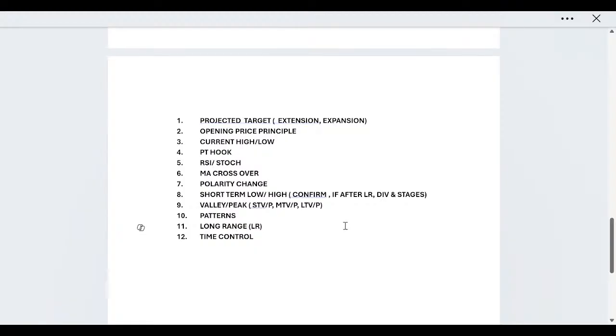Then time control. So you need to know what is opening price principle, current high low, PT hook, RSI, moving average, polarity change, all this you need to identify. And if you identify, then the more you learn, the more you apply, the more confidence you will have in your trade, and the more you would be making good money.